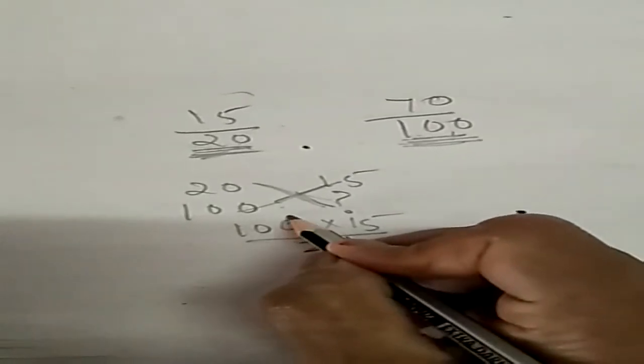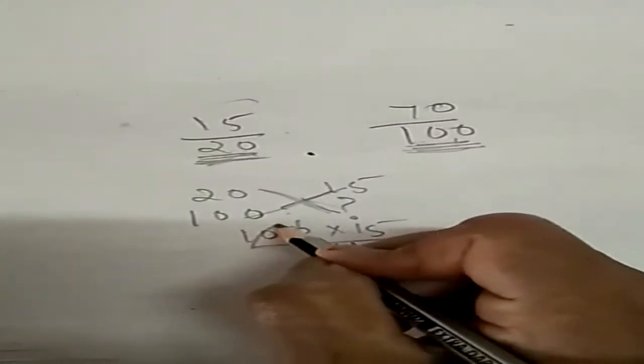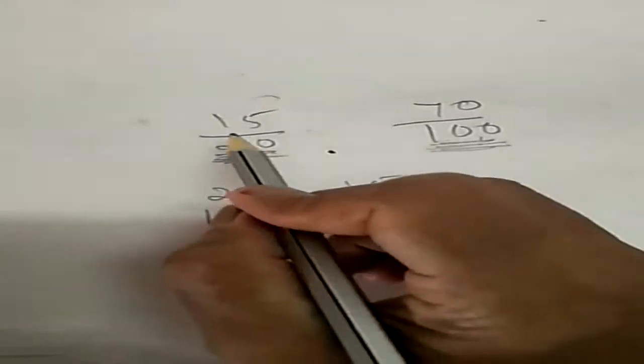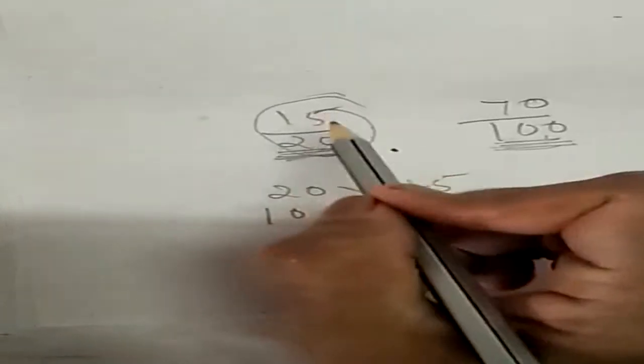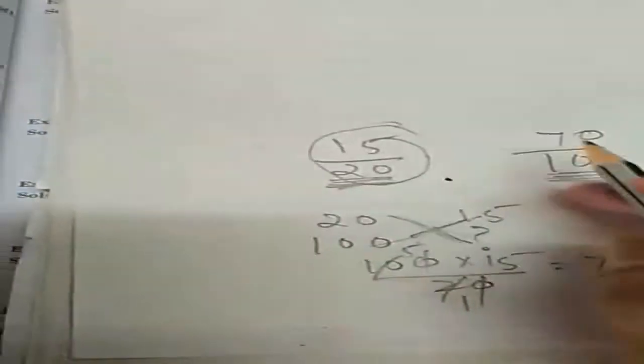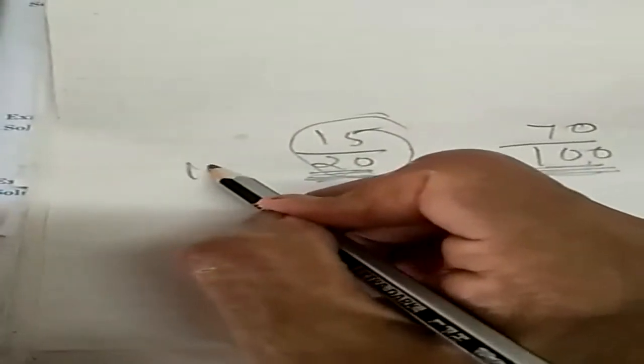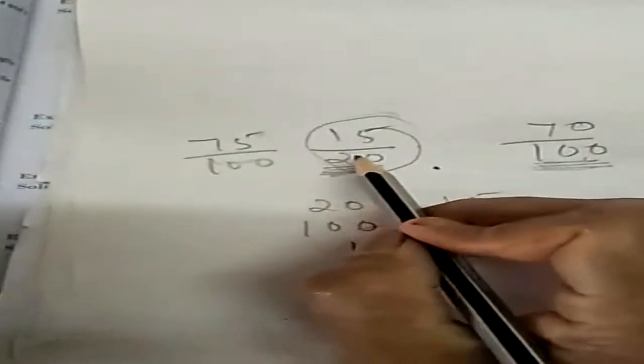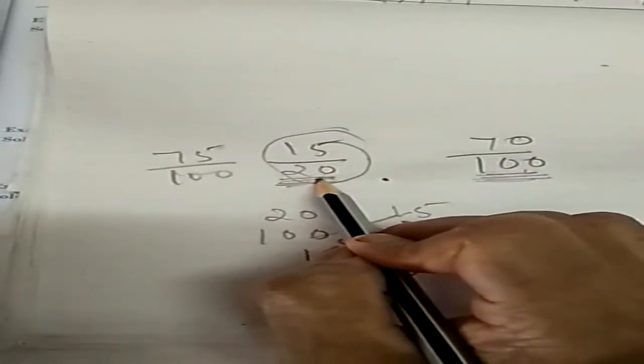Now you are cancelling. 2 ones are 5. 5 15s are 75. So this 15 by 20 means out of 100 how much is scored? 75.